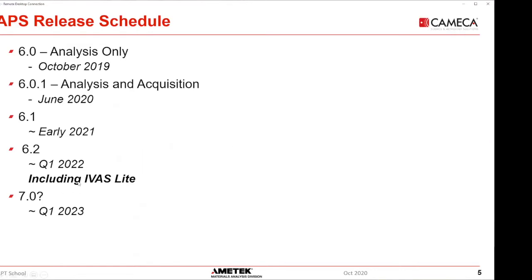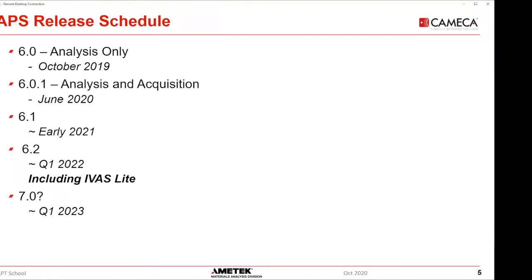One thing I wanted to point out is that right now we still have the free version, IVAS Lite. That's still the IVAS 3 software. So right now, if you request IVAS Lite, you'll get IVAS 3.